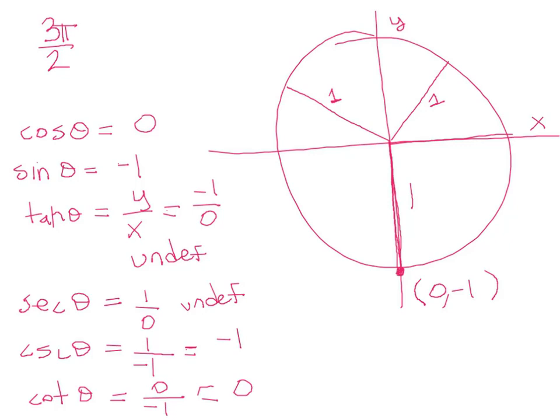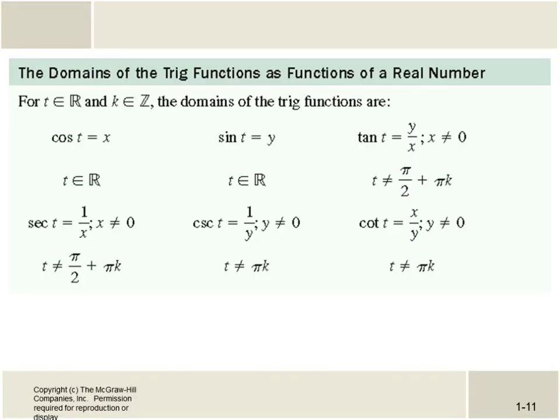Questions? Okay, so let's just go quickly over this. The domain of the cosine is all real numbers. That means T is an element of real numbers.